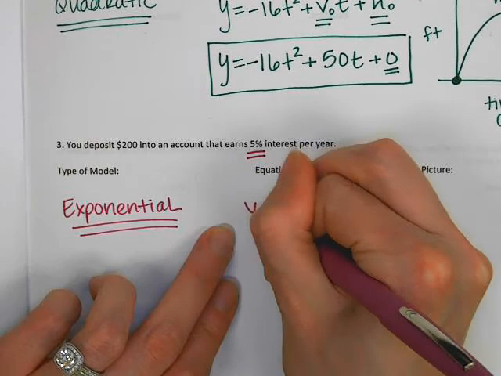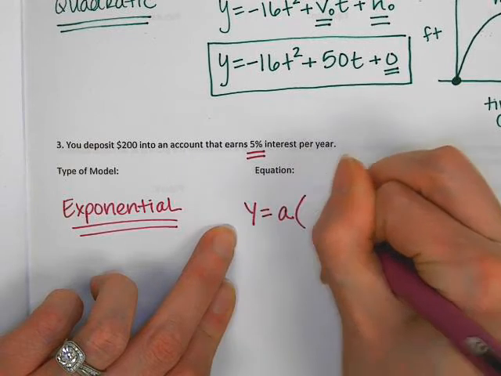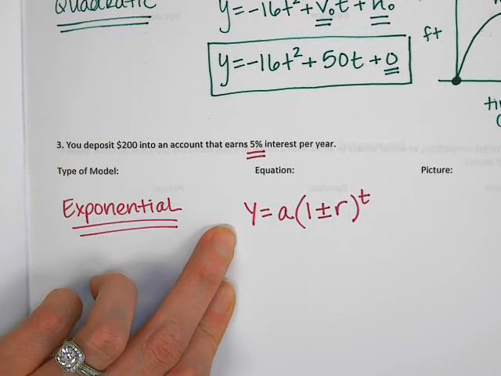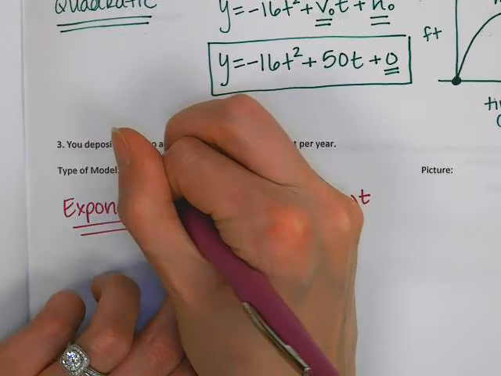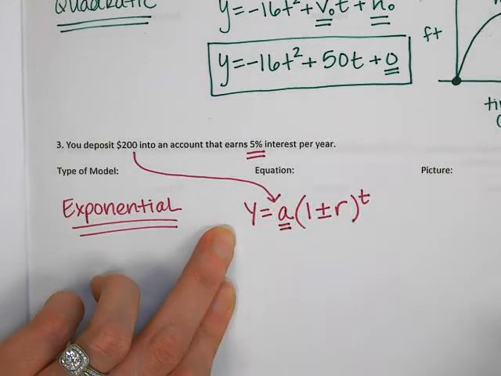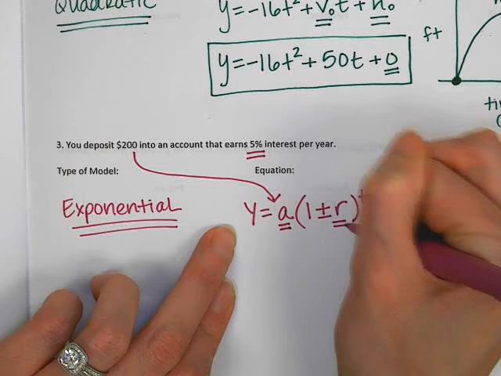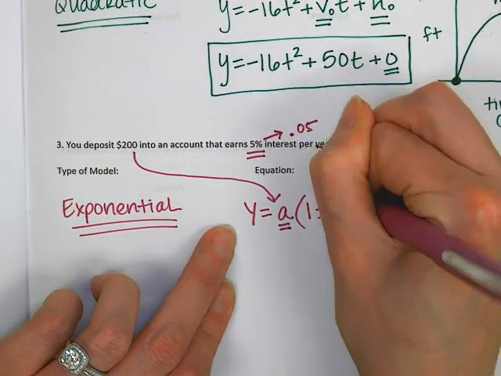Because there's a rate, it's going to be y equals a times 1 plus or minus r to the t power. A is the starting amount, so 200. And r is the percent as a decimal, so 5% as a decimal is 0.05. That's r.